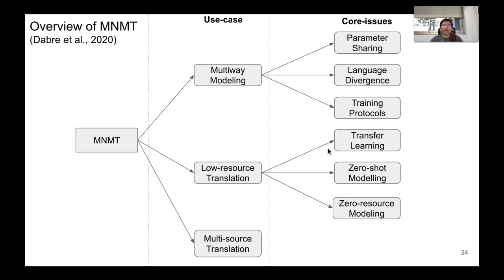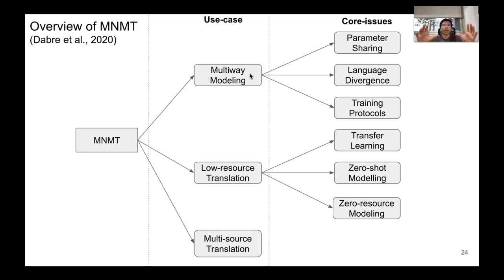But today we're going to cover all other MLMT systems or models. So here shows an overview of MLMT taken from our survey paper, and we divided MLMT into 3 main categories based on their use case. The first one is multiway modeling.